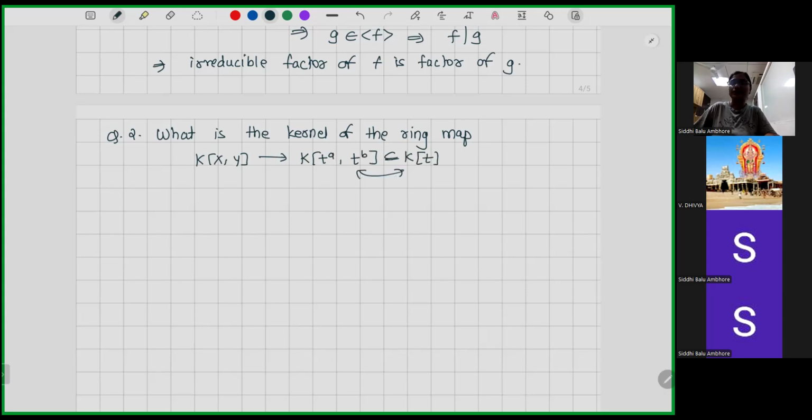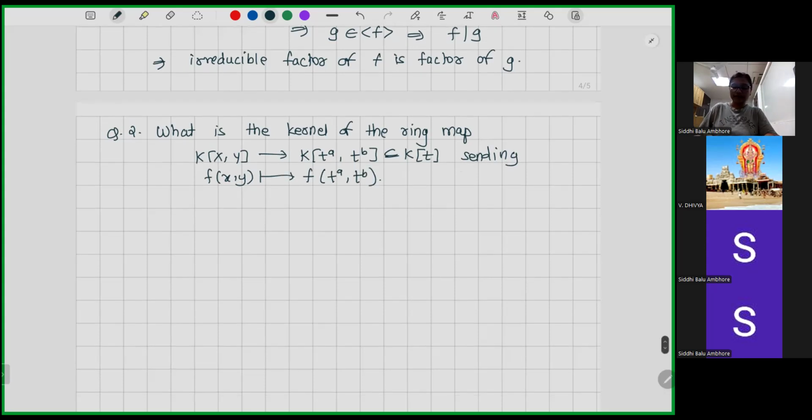So this is considered as a subring. That's not a problem. This is also the image. I mean, if we consider this map from here to here, this is a surjective map, sending f(x,y) to f(t^a, t^b).